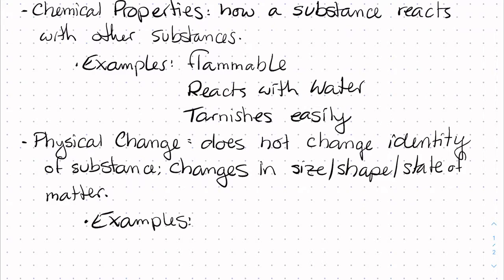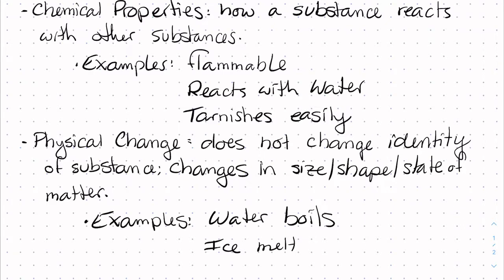So some examples here would be things like water boiling. If you boil water, it turns into water vapor, but the chemical formula is still the same. It's H2O as a liquid, it's H2O as a gas. You've not changed the identity of that substance, you have only changed the state of matter.